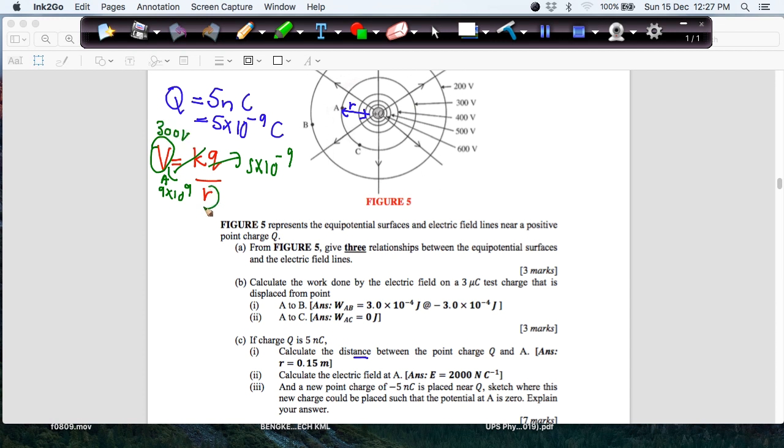So you can find R, the distance, which is 0.5 meter.